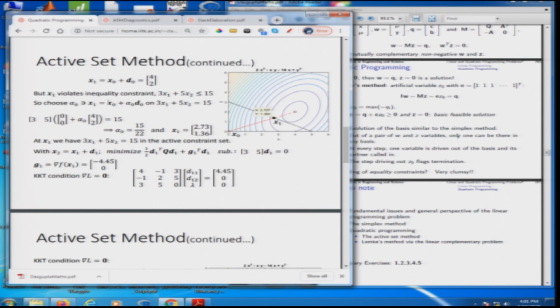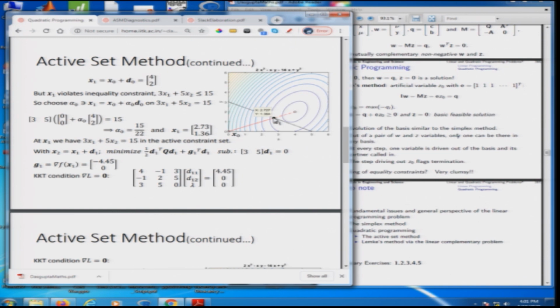So, just put this thing here in x1 x2 and solve this, and you get alpha0 equal to 15 by 22, because you want 15 and you got 22 here. So, by a fraction of 15 by 22, you will get this point, but this is not the optimal point. Okay. This is just cut from here.